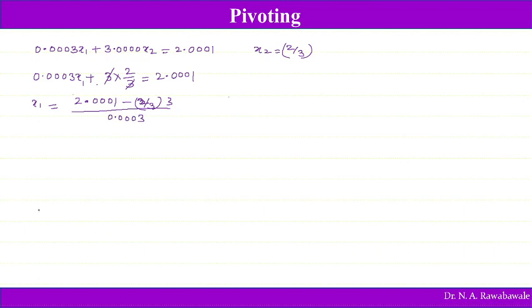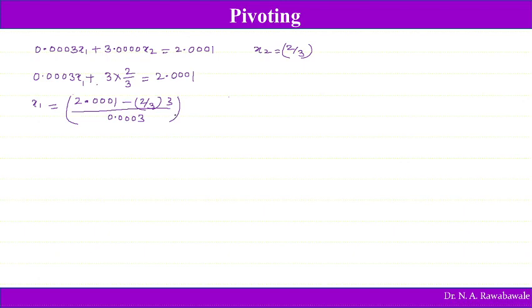So without cancellation, we have not cancelled. This is 2 by 3. So this is the value of x1.